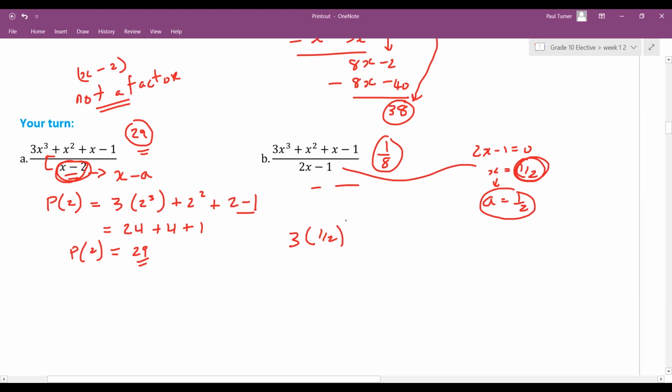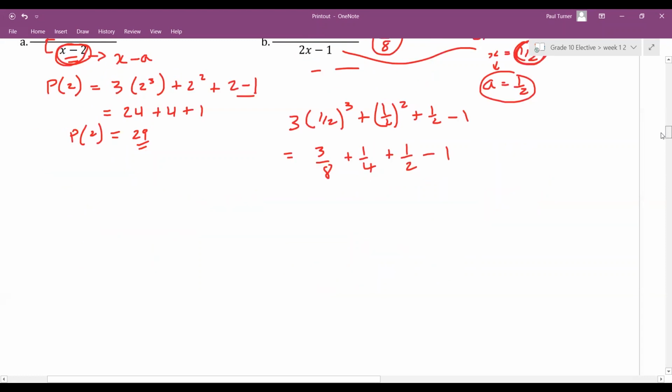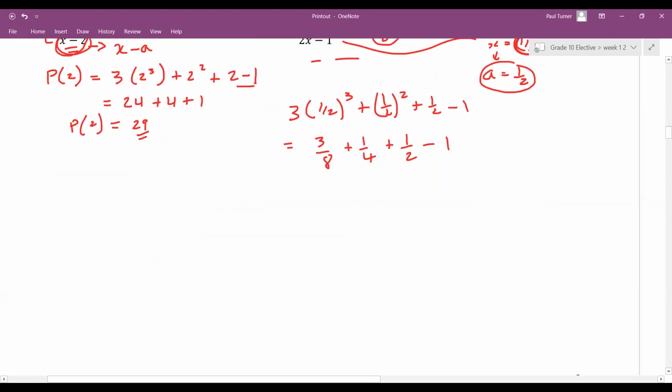So that's 3 times 1/2 cubed plus 1/2 squared plus 1/2 minus 1. 1/2 cubed is 1 on 8, so you'll get 3 on 8. 1/2 squared is 1 on 4. That's 1/2. Subtract 1. When you see all denominators are different, we try to make them the same. 3 on 8 is good.